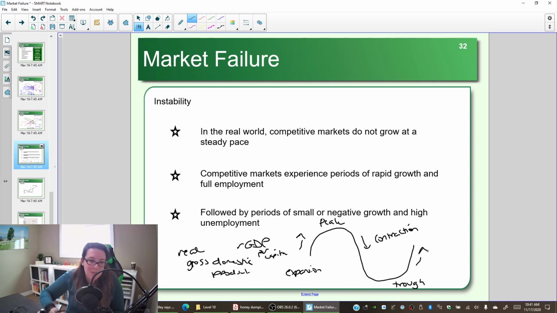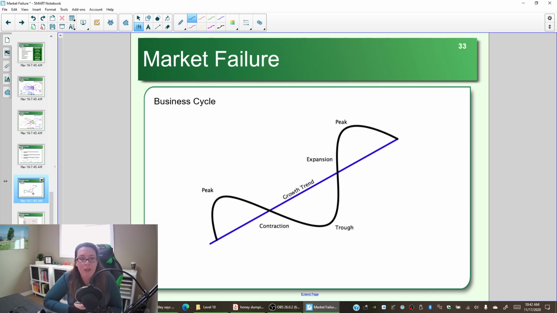So our business cycle is expansion, peak, contraction, trough. Repeat. Over the long term, when you look at that real GDP per capita, we see economic growth.